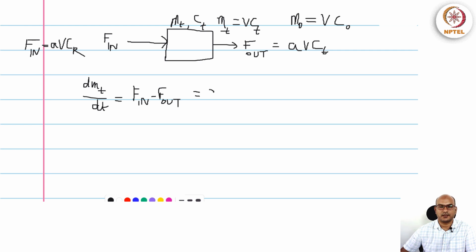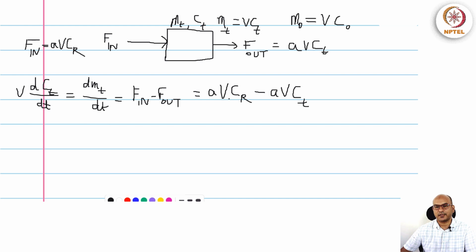This is A V Cr minus A V Ct, and I am going to write dm by dt here, which is V dCt by dt.